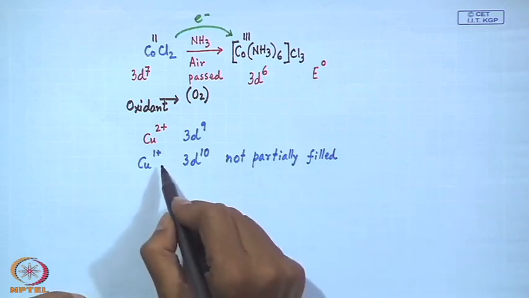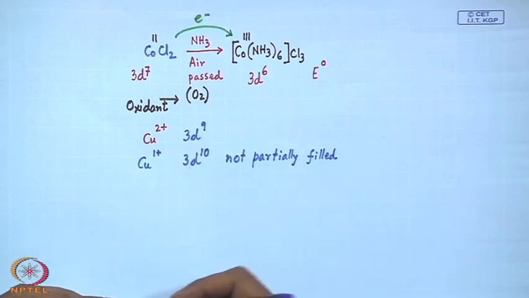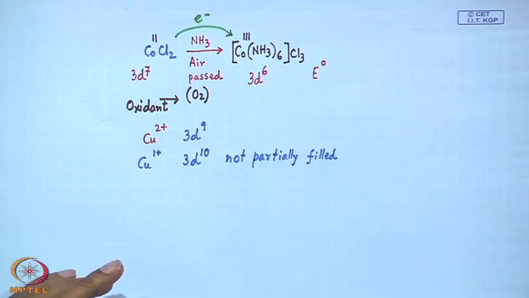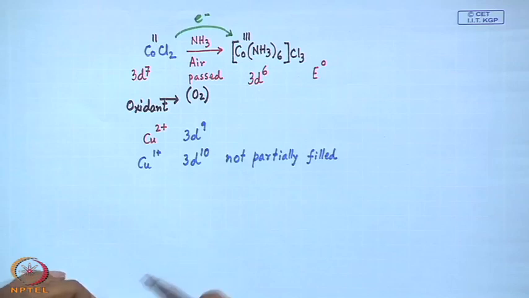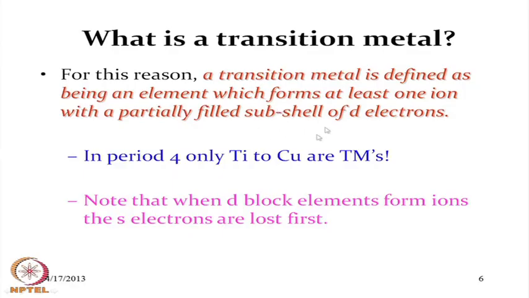we cannot consider this particular species immediately, based on the number of electrons present in the d level, as a transition metal electron configuration, because it is filled. So, at least if we can have one oxidation state which has a partly filled d level, we can consider this as the transition metal.